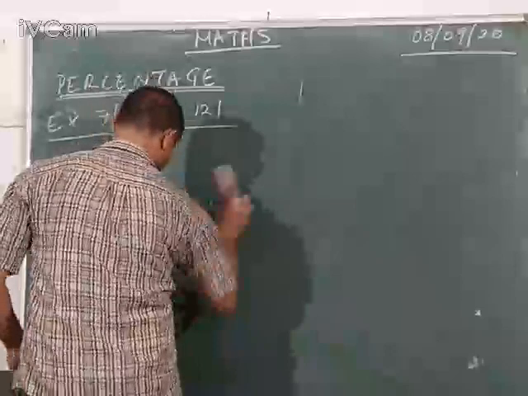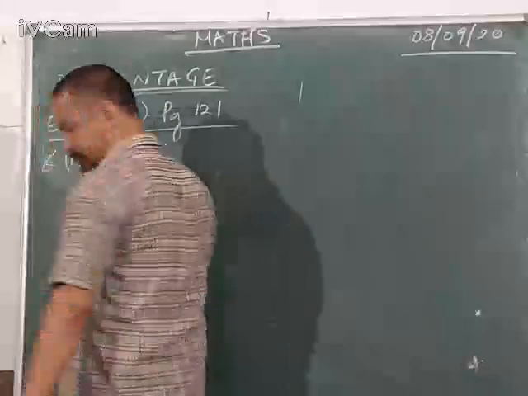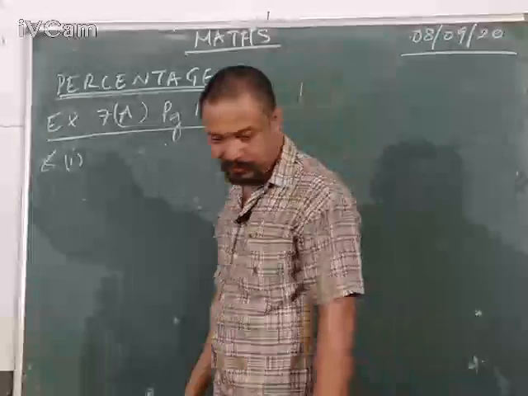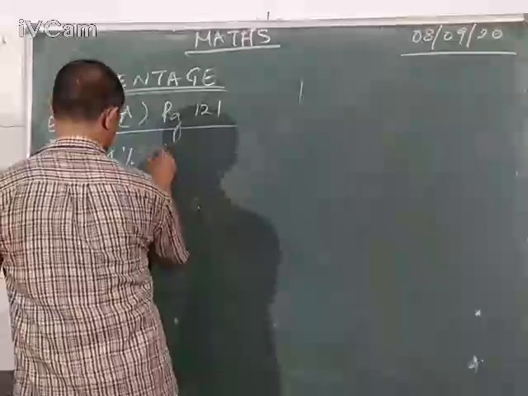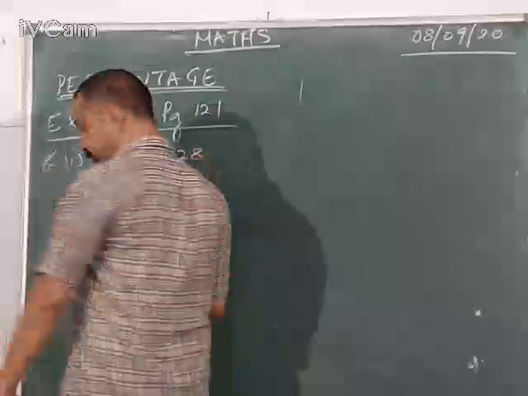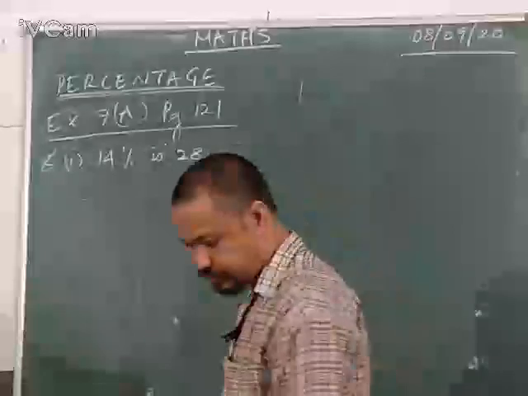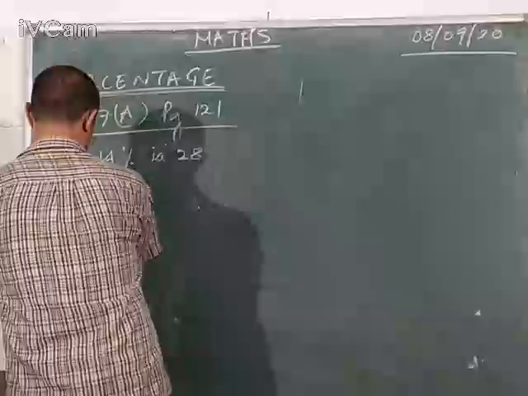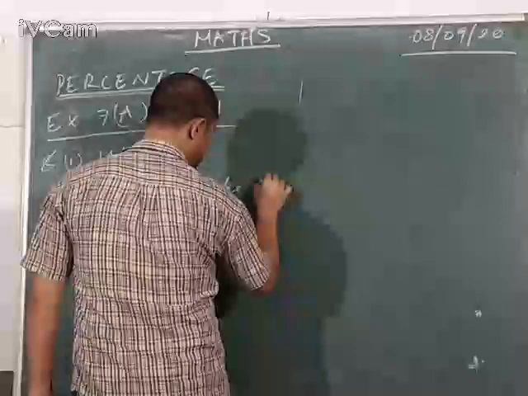Now we move on to number 8. Number 8 states, find the number whose 14% is 28. Let the number be x.